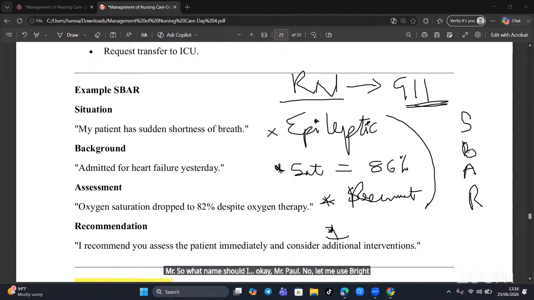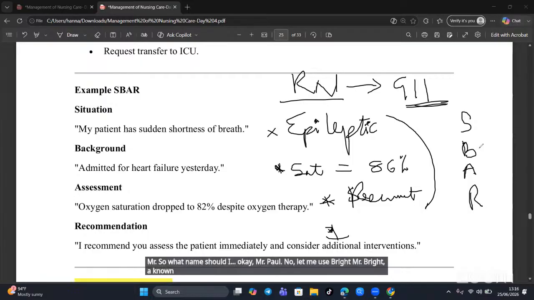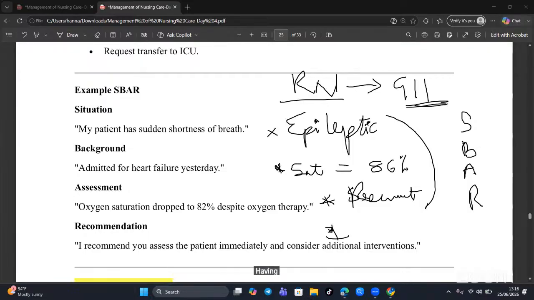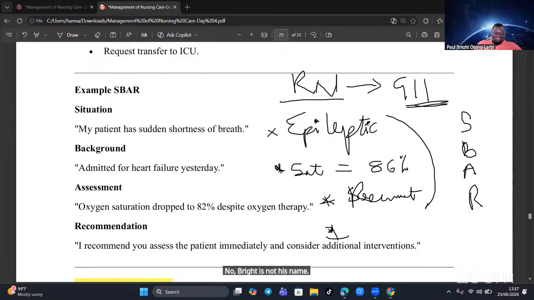Mr. Bright, a known epileptic patient, is currently having a seizure that is lasting about 5 minutes. Oh no, Bright is my name, that is not the patient's name. Sorry.